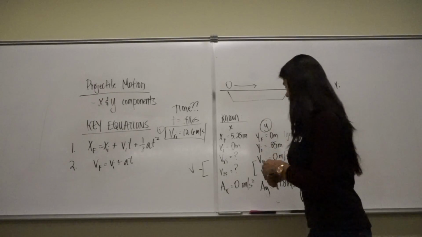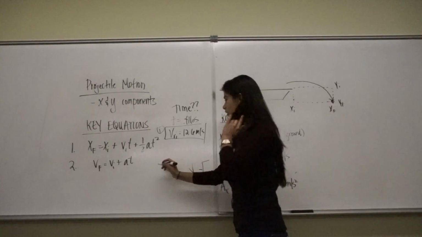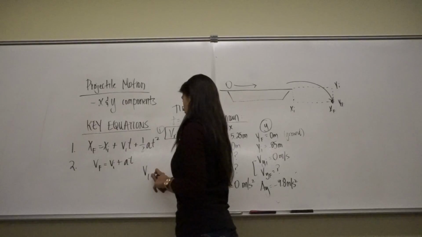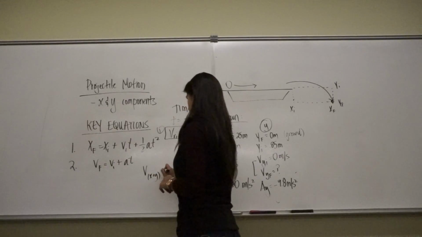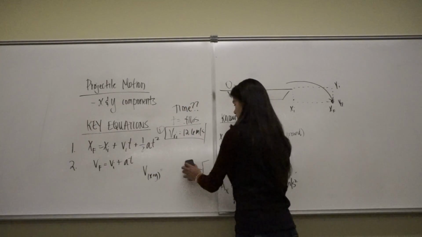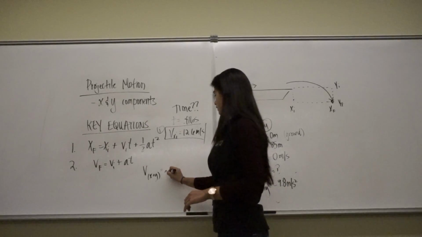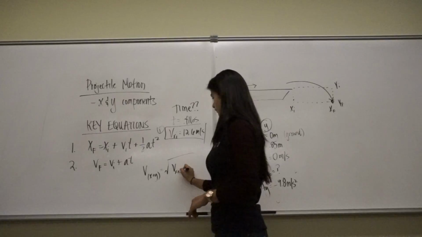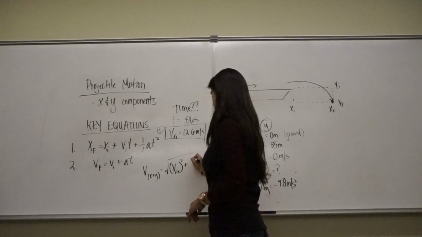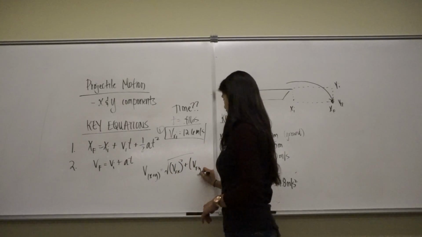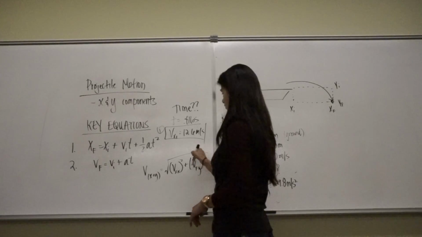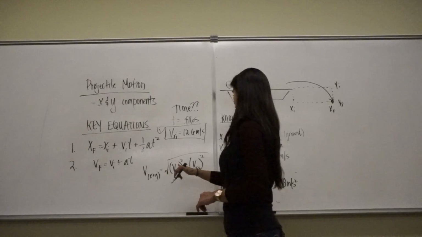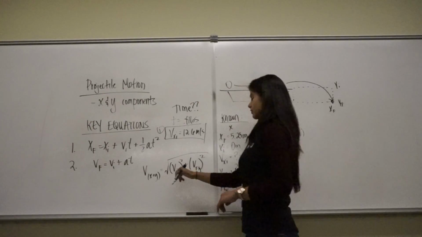So the equation that we're going to be using is v in the x and y direction: the square root of v final in the x direction squared plus v final in the y direction squared, all under one square root. We don't know what these two are yet, so we need to solve for them.